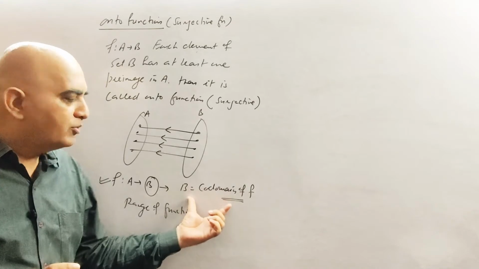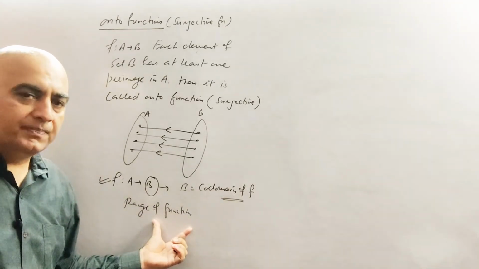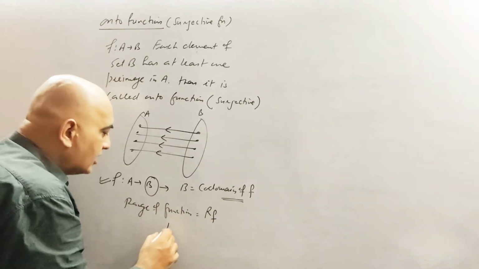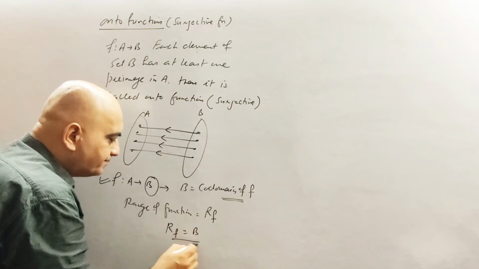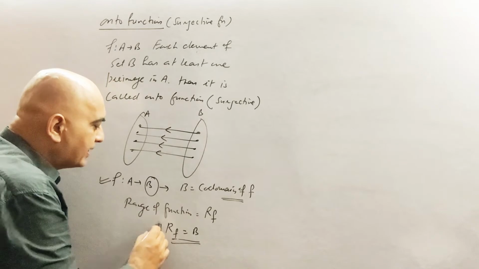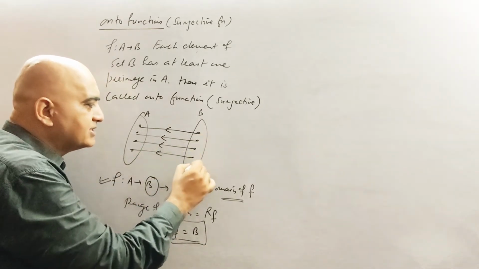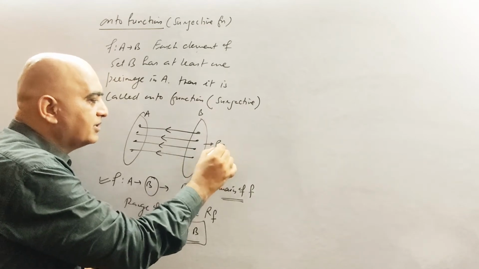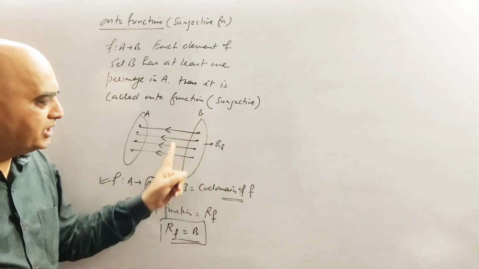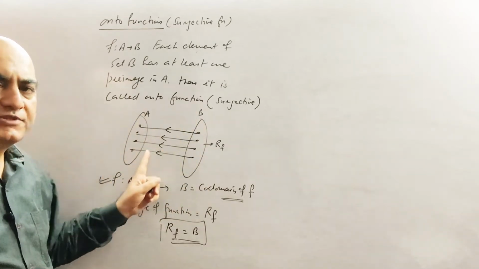The codomain is given in the question, and you have to find the range of the function. If the range of the function, represented by R of f, is equal to B, what happens? It implies that whatever range you have, those elements which are present in B, is nothing but the range of the function. It means each element of set B has association with at least one element of set A.